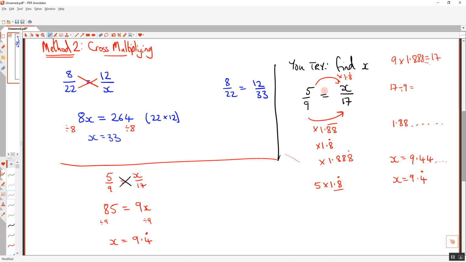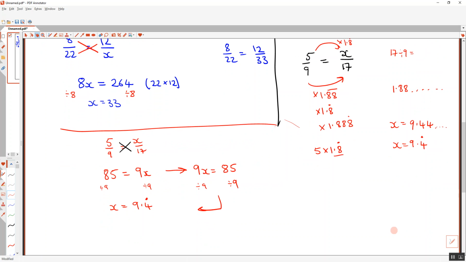I just didn't multiply it correctly on my calculator. If you write it the other way around, 9x equals 85, it doesn't matter. And then you divide both sides by 9, and it'll still get you down to your answer.